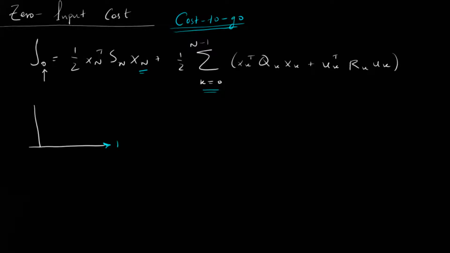So if I have a graph of k on the right hand side and J on the left hand side, then at k equals 0 we're going to have some value, right? And as we go along k all the way to n, these values are going to get smaller and smaller, because if we're already here, the cost to go is smaller than if we are just originally starting, right? It's a very intuitive concept.